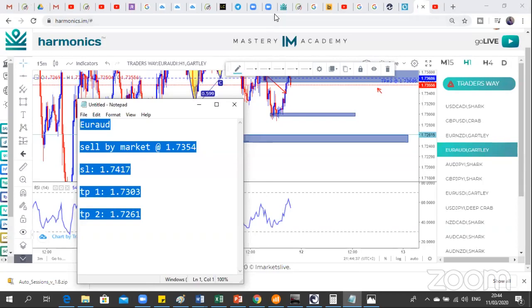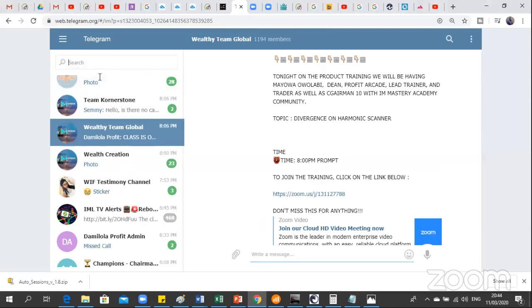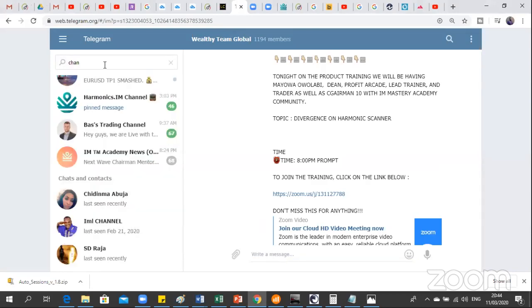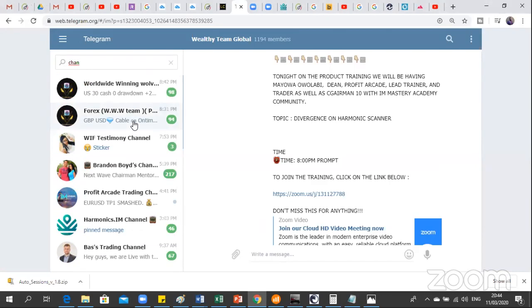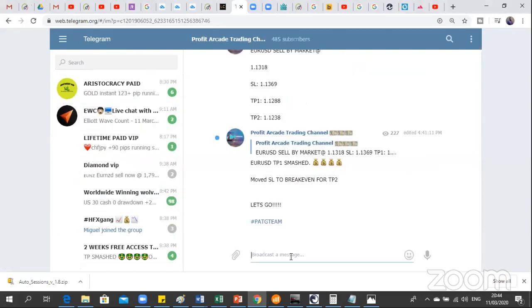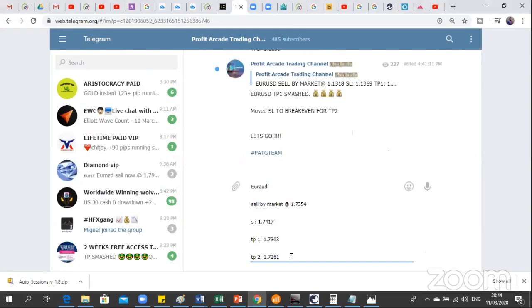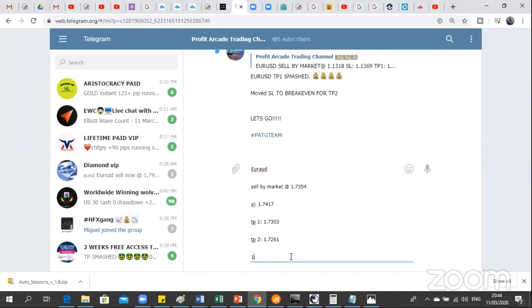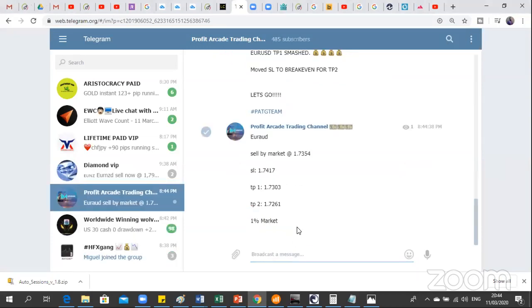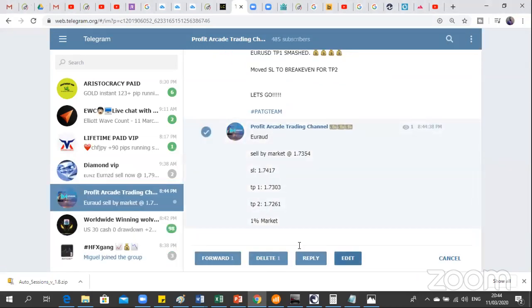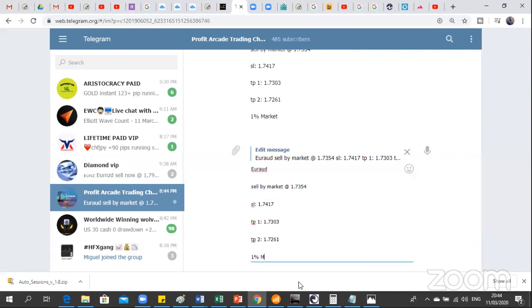Okay, guys. How many of us have entered this trade? Type in 111. Please, the market is volatile now. Just do 1% max, no more.